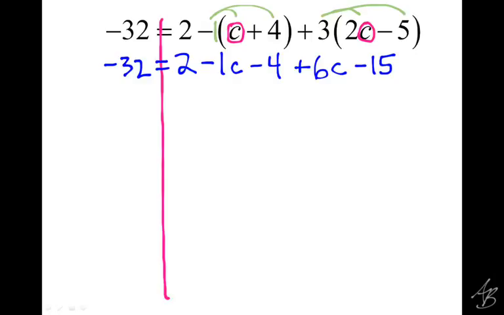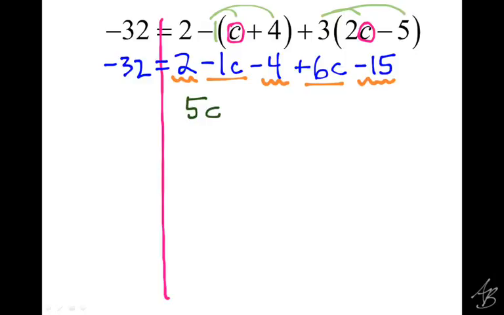Okay, so the other part of simplifying is adding like terms. No like terms to add on the left side, but we have the -1c and positive 6c. That'll give us what? 5c. And then we've got 3 numbers that are like terms. Some people forget to combine those numbers, but they are like terms, so you want to combine those also.